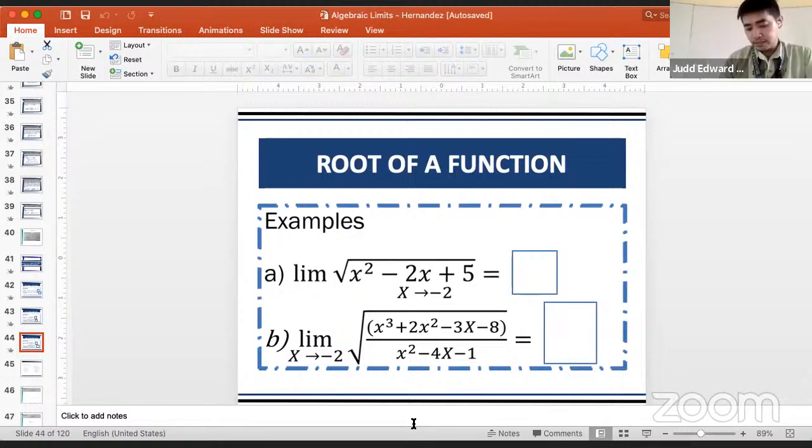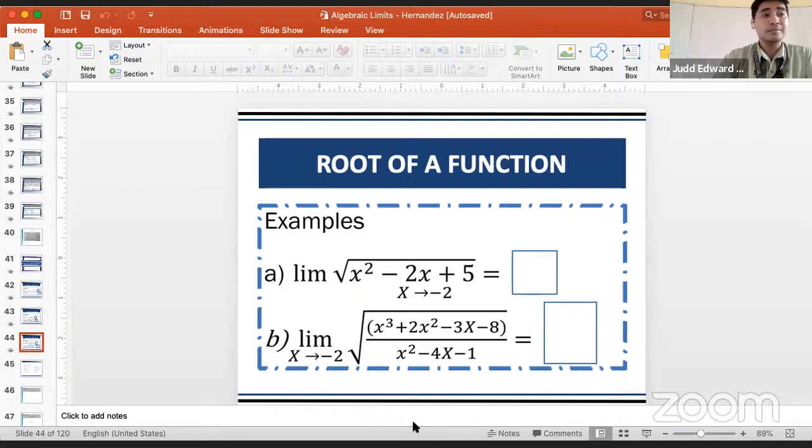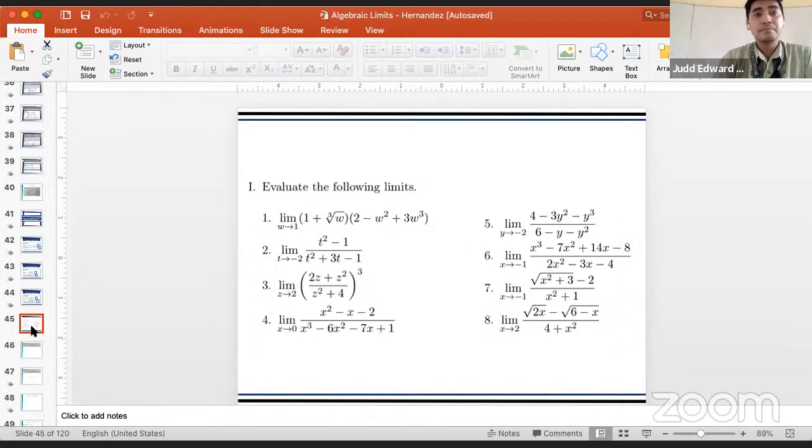Or it is, what is the answer for letter B? It is imaginary. Therefore, if it is imaginary, anong masasabi natin? The limit does not exist po. Okay, remember that if the limit is imaginary, we can say that the limit does not exist.